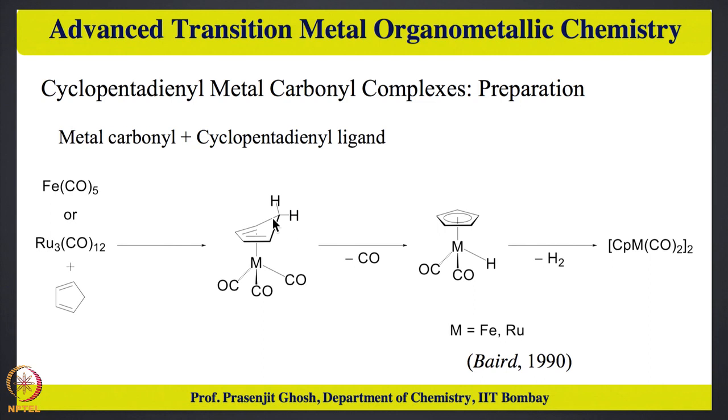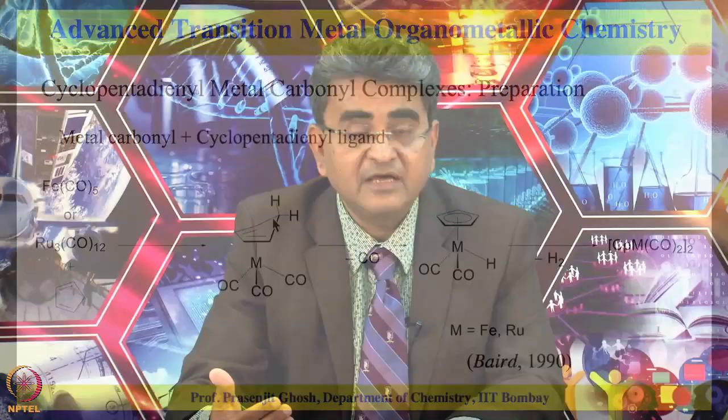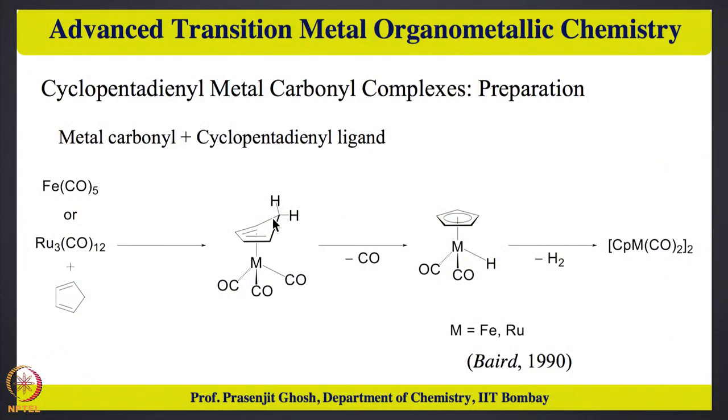So, with this we are going to move on to some important variants of transition metal cyclopentadienyl complexes, particularly the cyclopentadienyl carbonyl complexes. So, we are just moving away from binary cyclopentadienyl transition metal complexes like metallocene Cp2M, which are homoleptic complexes, to heteroleptic cyclopentadienyl metal carbonyl complexes.